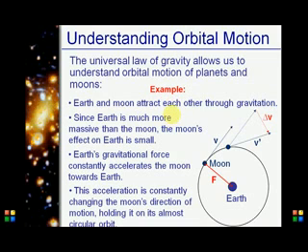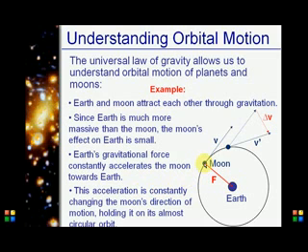Earth's gravitational force constantly accelerates the Moon towards the Earth. This acceleration is constantly changing the Moon's direction of motion, holding it on its almost circular path. Okay, this is the Earth and this is the Moon.